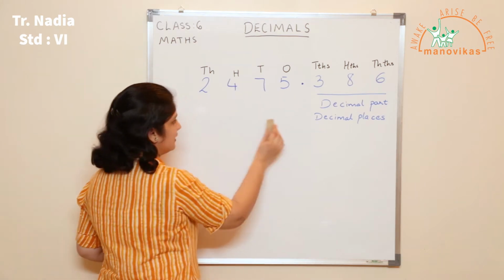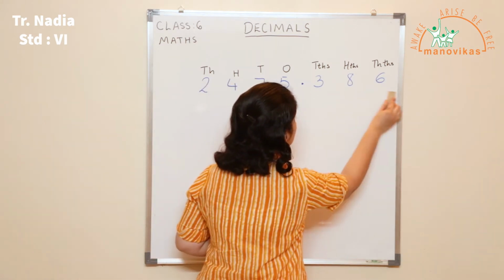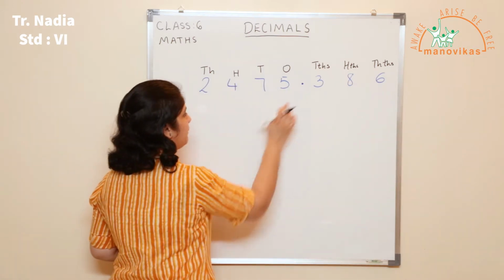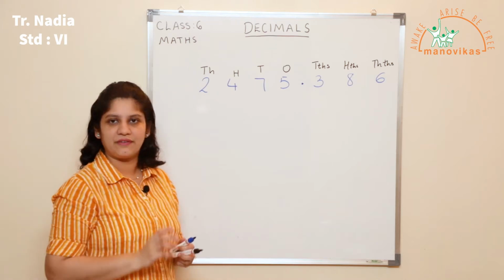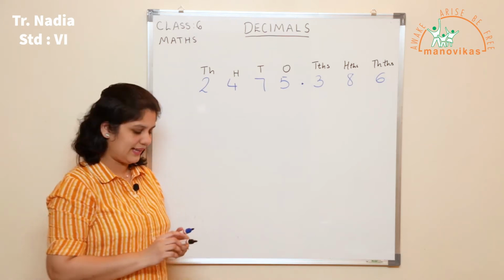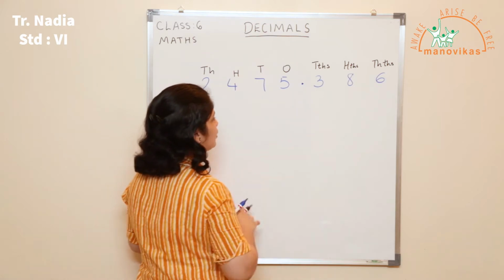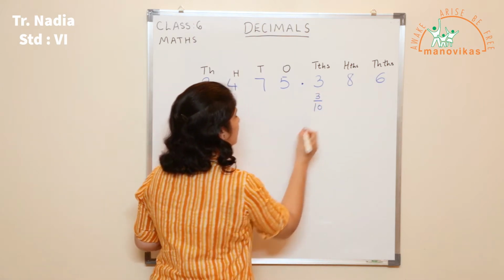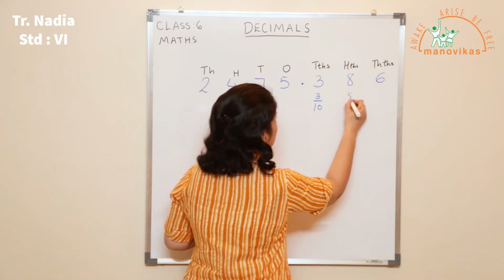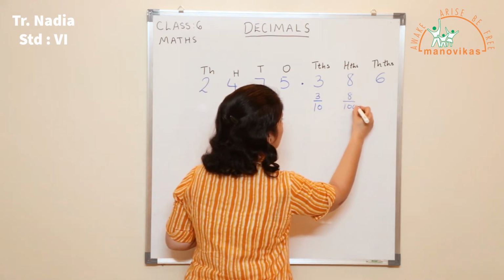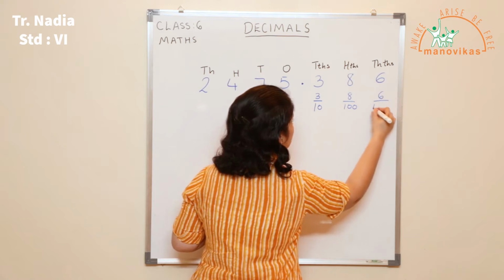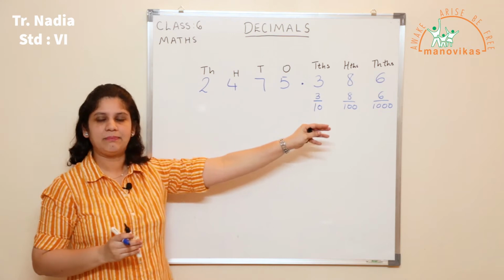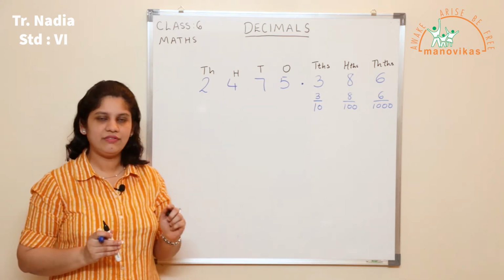Now let us understand the decimal part a little more in detail. The first digit here, that is in the tenths place, actually it is a fraction upon 10. So 3 actually is a fraction upon 10. 8 is a fraction upon 100 and 6 is a fraction upon 1000. So the numbers after the decimal point are actually all fractions.